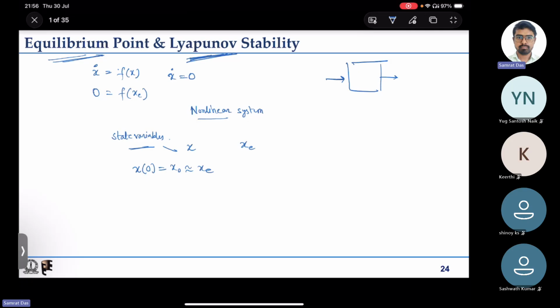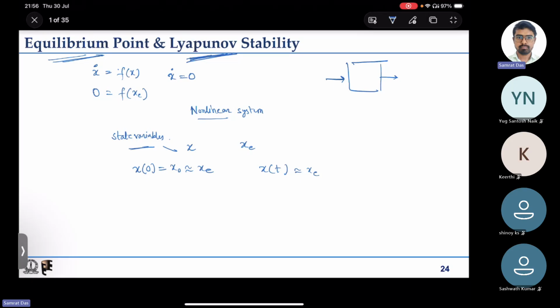If it is given a small disturbance, then x(t) will change with time, but x(t) will always remain very close to the equilibrium. It is not explicitly told that it will come back to the equilibrium point, but the definition tells that it remains reasonably close to the equilibrium point for all future time. So if you give a small disturbance, it remains stable.